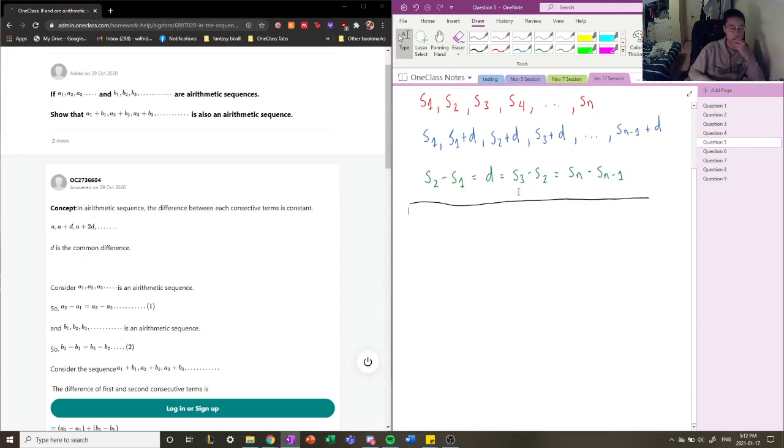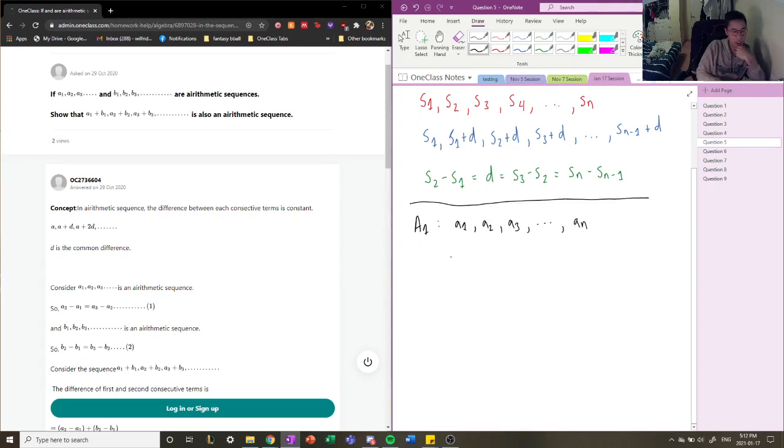First of all, we know that A1 is an arithmetic sequence, stated by our question. So that means A1, A2, A3, dot, dot, dot, An.